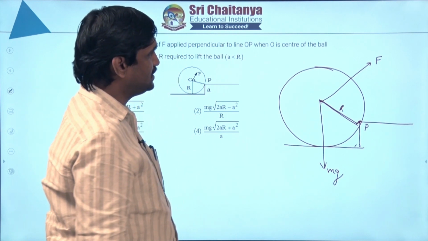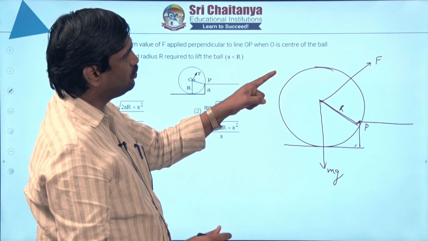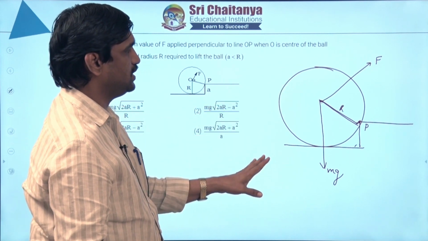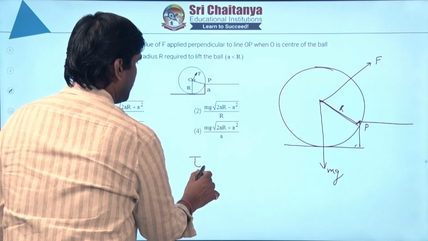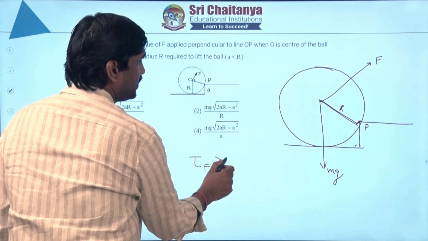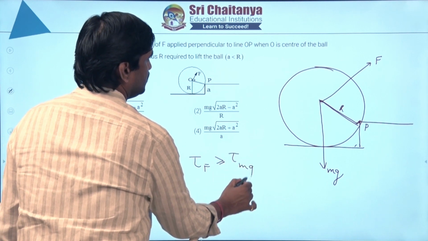Now, in this case, just to lift the body, torque due to F should be more than torque due to mg about the point P. That means, torque due to F should be greater than or equal to torque due to mg.